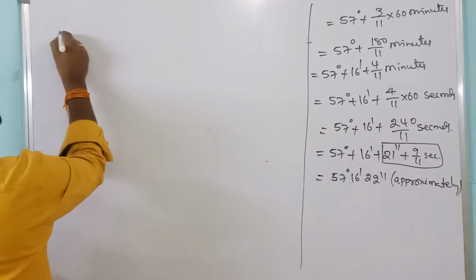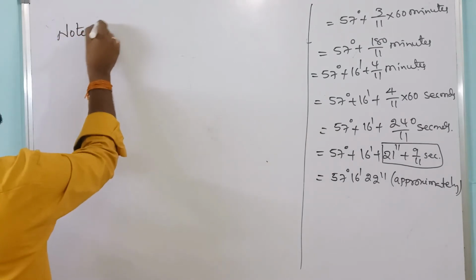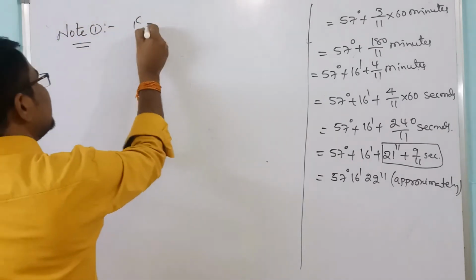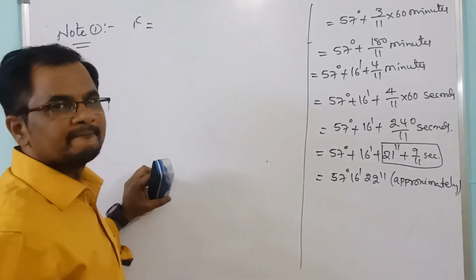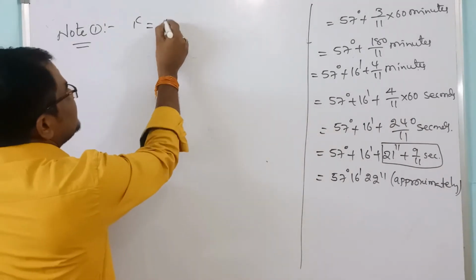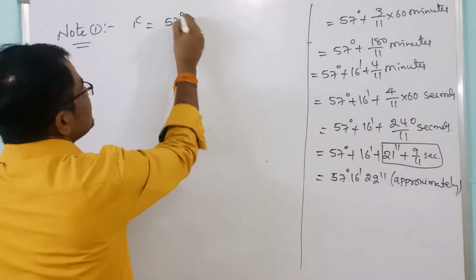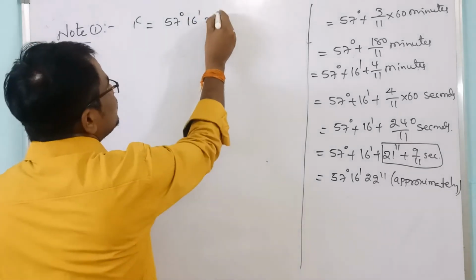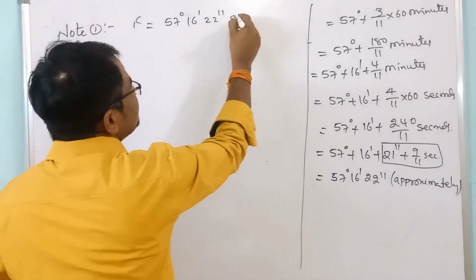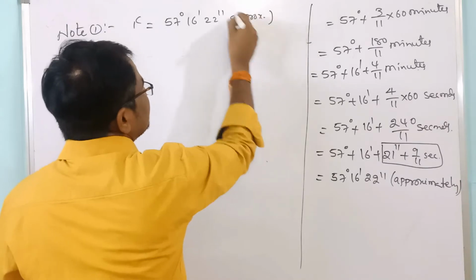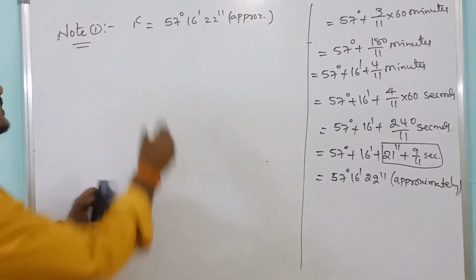So note 1: 1 radian equal to 57 degrees, 16 minutes, 22 seconds approximately. Right?